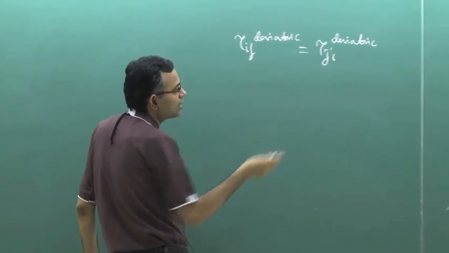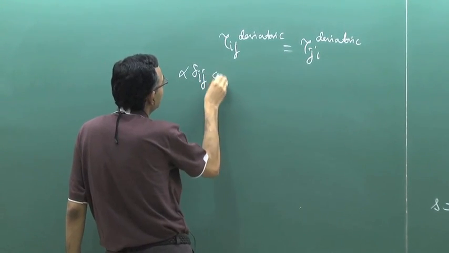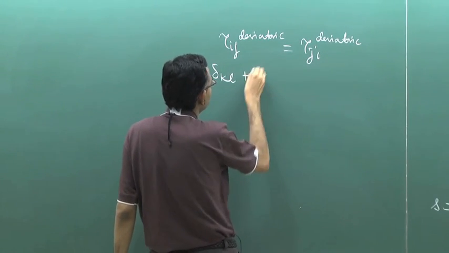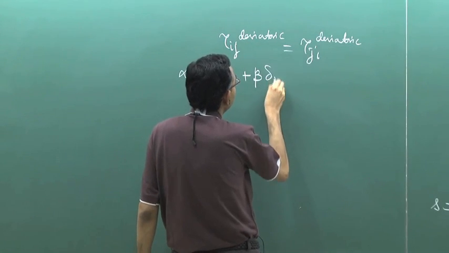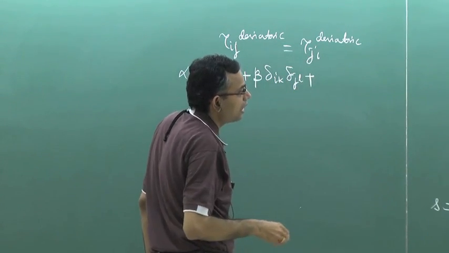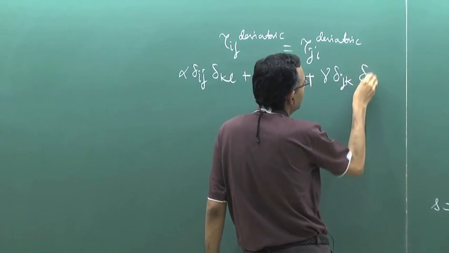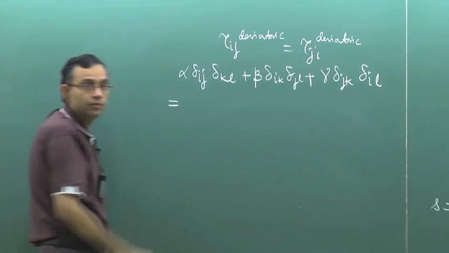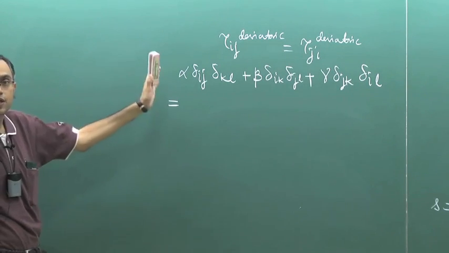First we write C_ijkl: alpha delta ij delta kl plus beta delta ik delta jl plus gamma delta jk delta il is equal to, now we swap i and j.